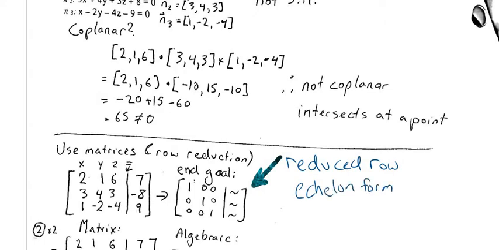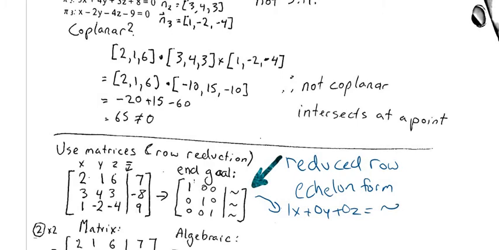Now, reduced row echelon form is really, really important. And the reason why is, again, these three lines are going to represent three equations. In this case, the first line is going to represent 1x plus 0y plus 0z equals some number.